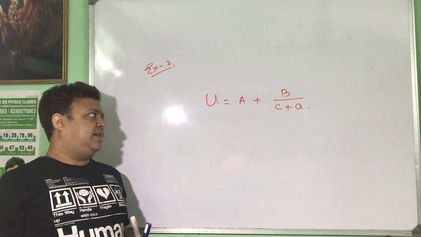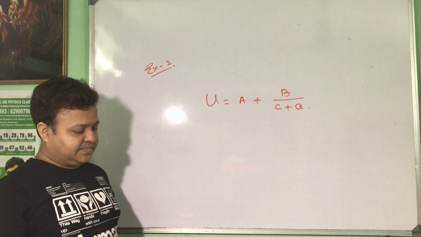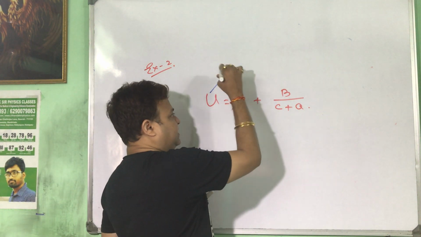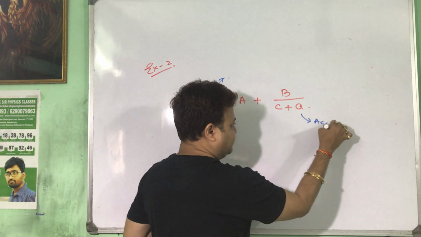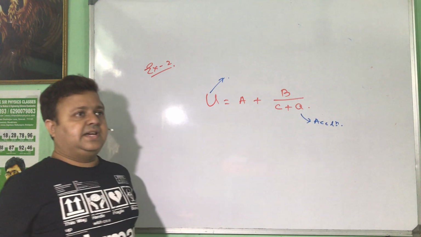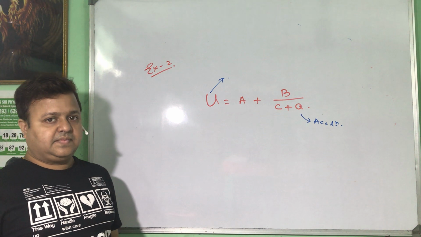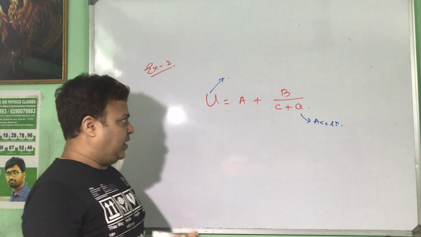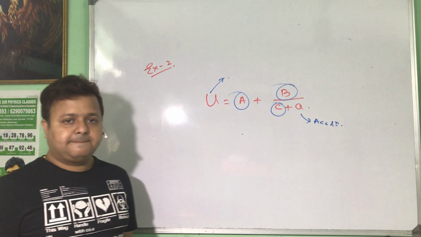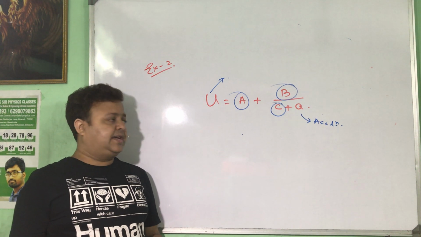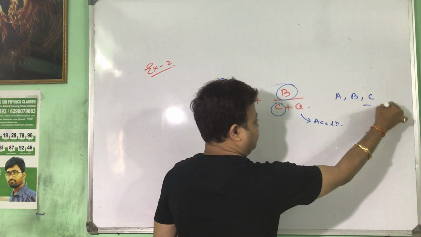Write down U equal to capital A plus B divided by capital C plus small a, where U is the energy and small a is the acceleration. We have to find the dimension of capital A, comma B, comma C.